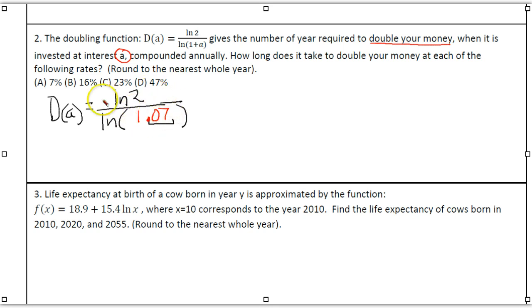Now when we do that, we find out that our doubling time, rounding it off to the nearest whole year, is 10 years.